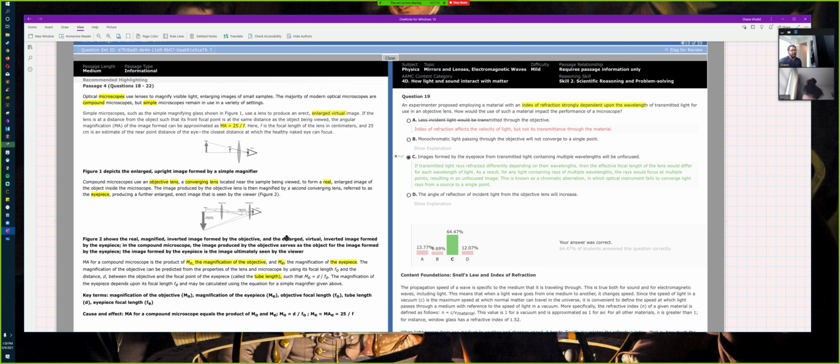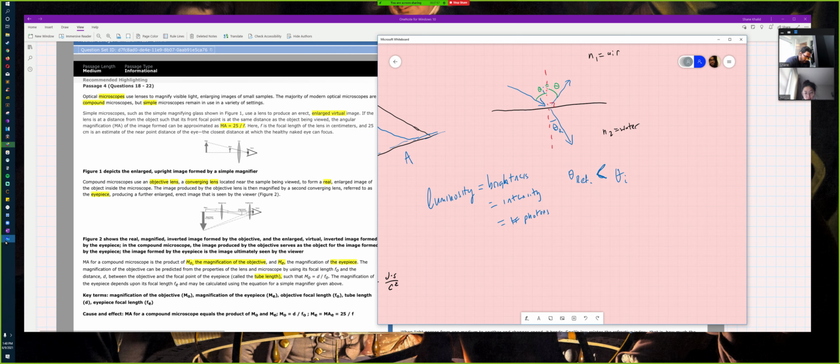Now, if it has multiple wavelengths, more than one color, then they're not going to converge at a single point, because they're going to have different angles. Like that image of a prism, where white light is hitting it and you have all the colors of the rainbow.